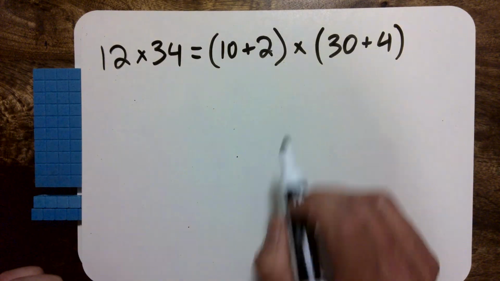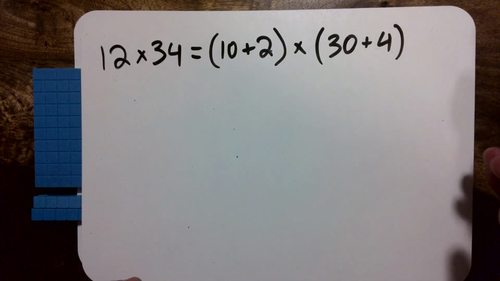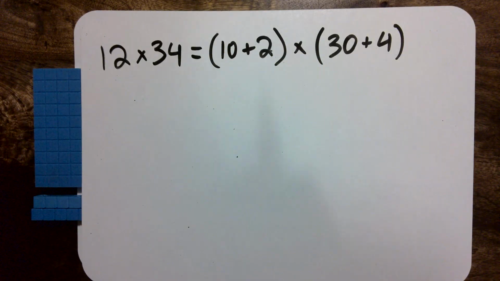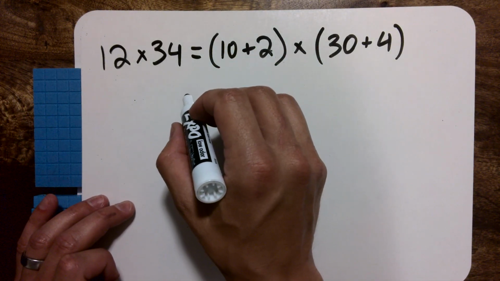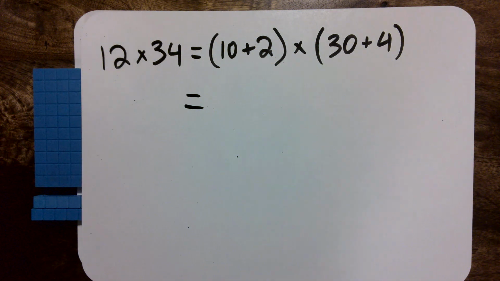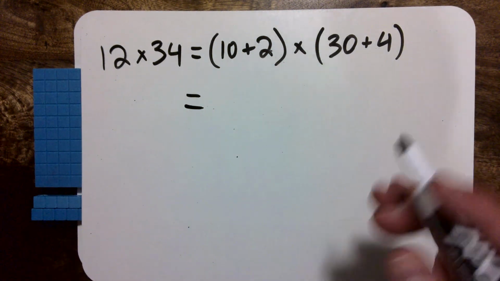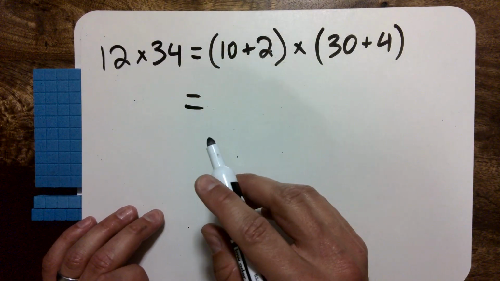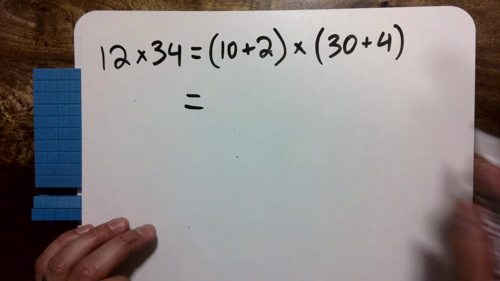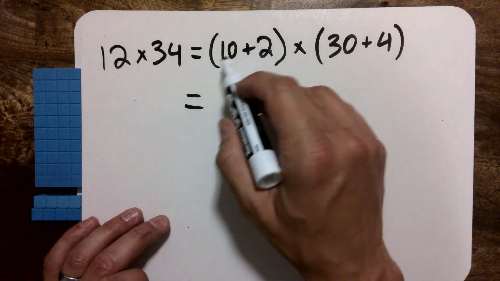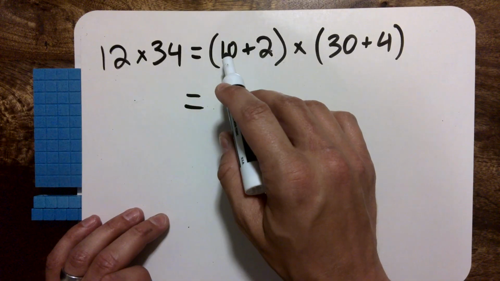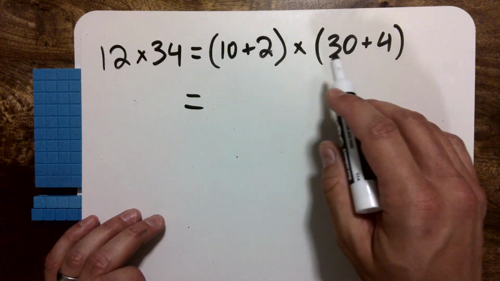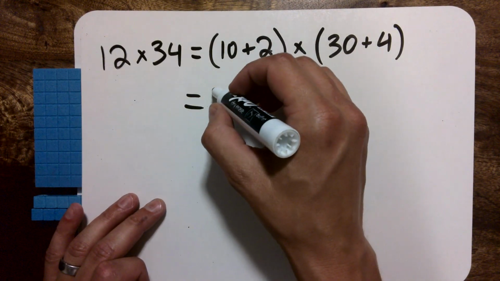Okay. So if we're going to apply the distributive property, I'll just draw this down here. I'll go the long way just to stick to what we saw in the original distributive property. So this entire quantity of 10 times 2, we want to distribute throughout this 30 plus 4. You can think of this as the 10 being distributed to the 30 and to the 4, and then the 2 will eventually be distributed to the 30 and the 4.